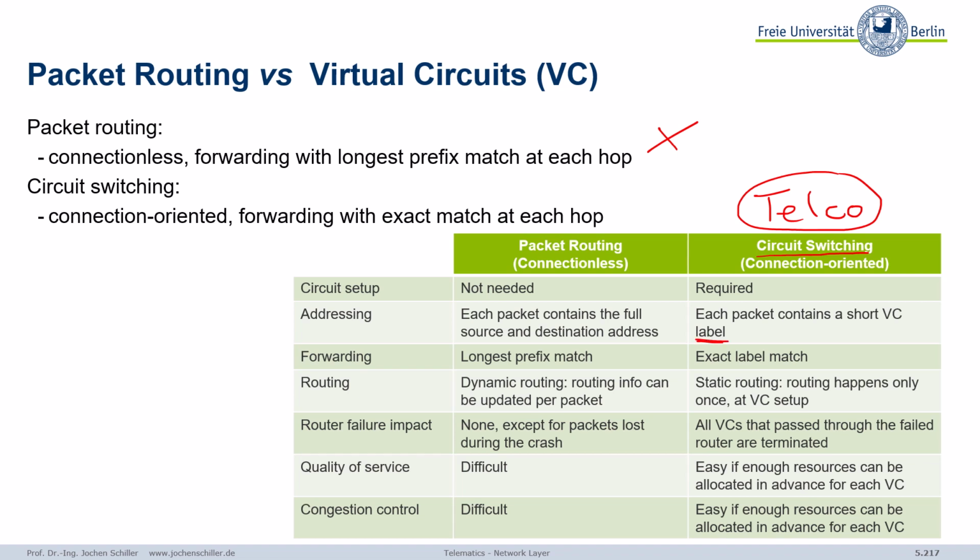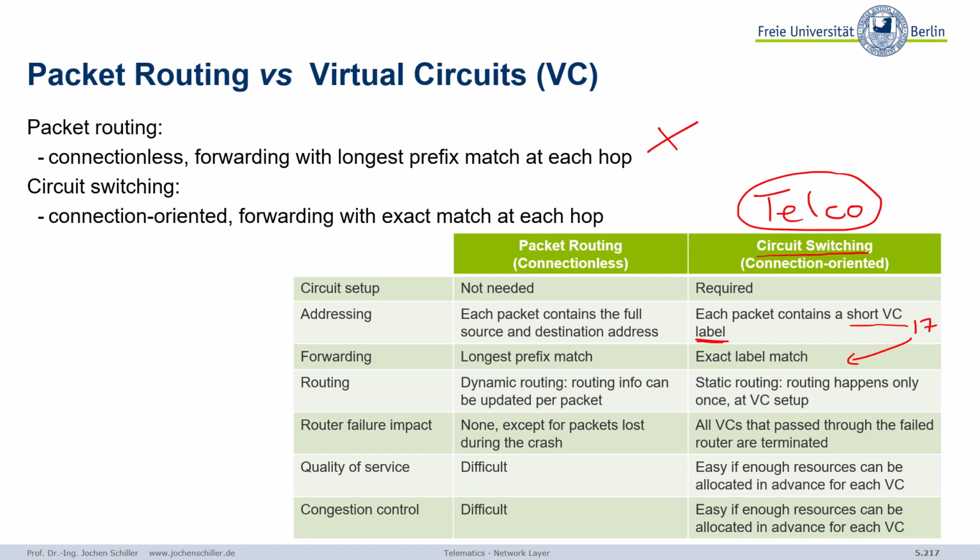Short label, remember, we had this label switching, so you got a short label, maybe 17. And from this on, you set up the tables in the switches, and for forwarding, you simply match exactly. If a packet comes in, because there you also have very tiny small packets, but they now have the labels, for example 17, you know exactly where 17 goes. So routing happens only at the setup of this virtual connection. After that, well, it's static.